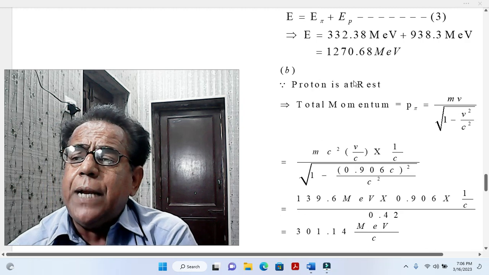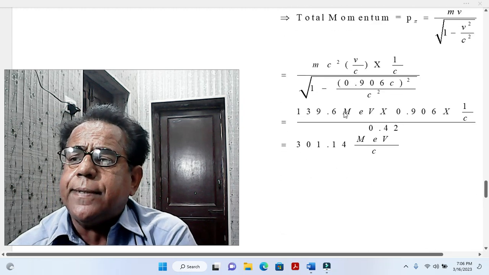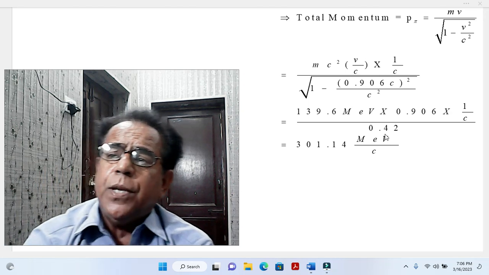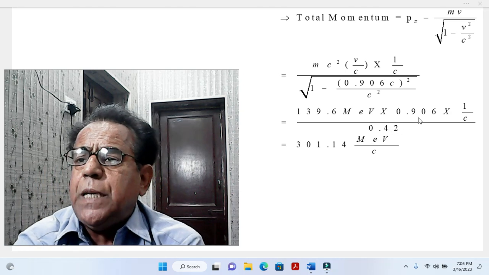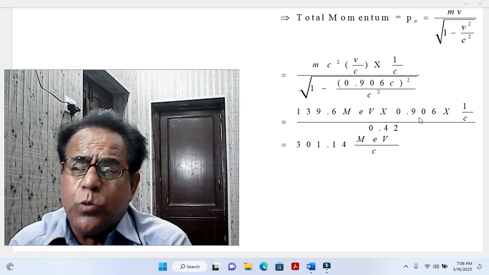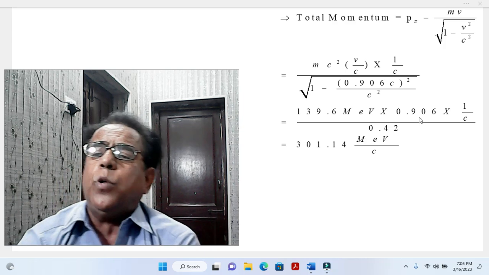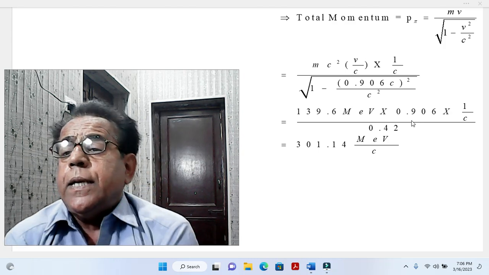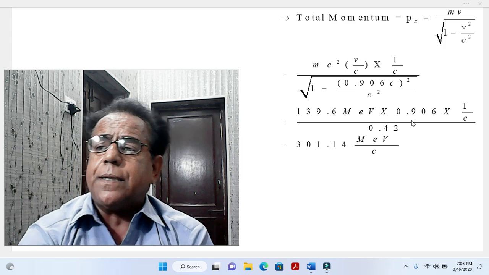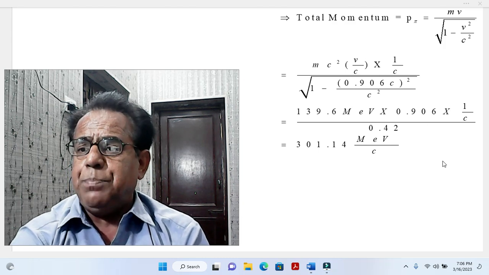So here we have directly used this result in the denominator, and hence the total momentum p pi, which is the momentum of the pi meson, has become equal to 301.14 million electron volt per c, MeV over c.